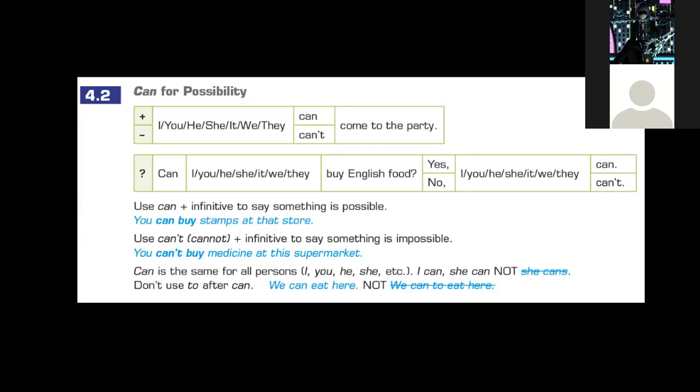Every single time I'm making a question, I have to put my auxiliary verb or my modal verb at the beginning of the question. ¿Ok? Al principio de la pregunta debe de colocarse el auxiliar o el modal verb, que en este caso es can. So I'm going to start with can, and then with the subject, and then with the verb. Can you buy English food? And the answer will be yes, I can, or no, I can't. Yes? ¿Estamos bien hasta aquí? Sí, profe. Thank you. Sí, profe.